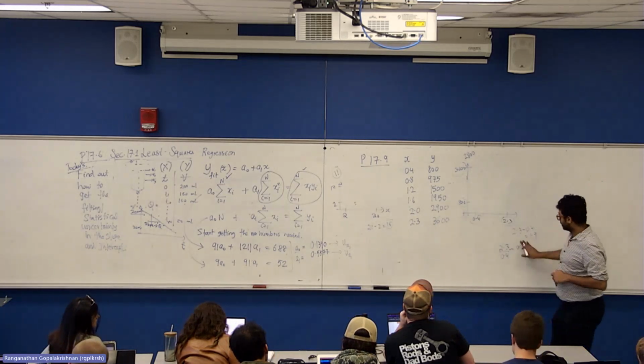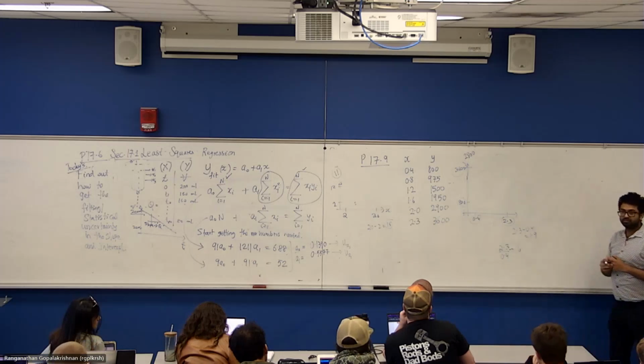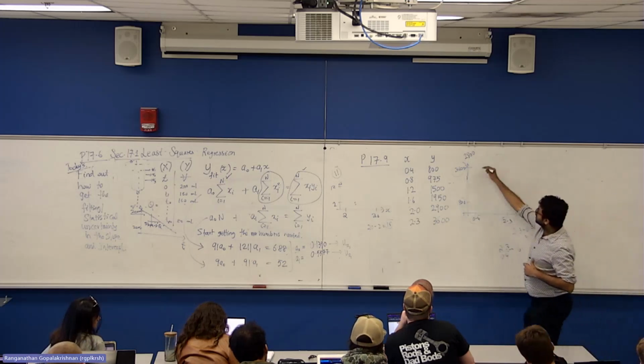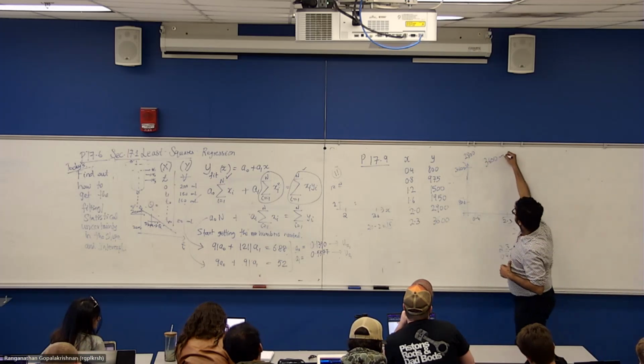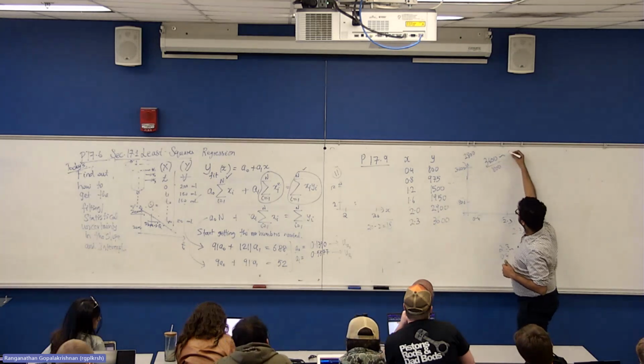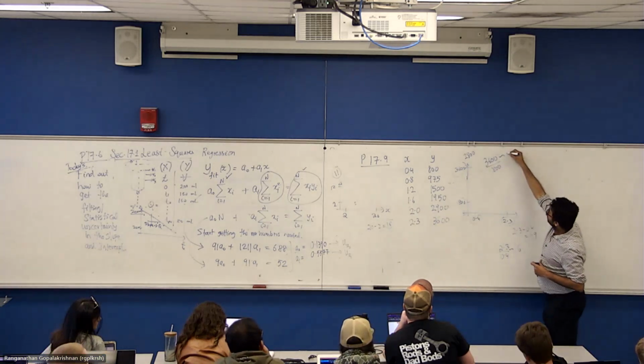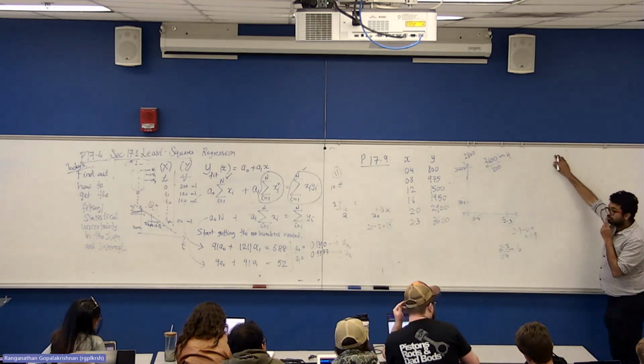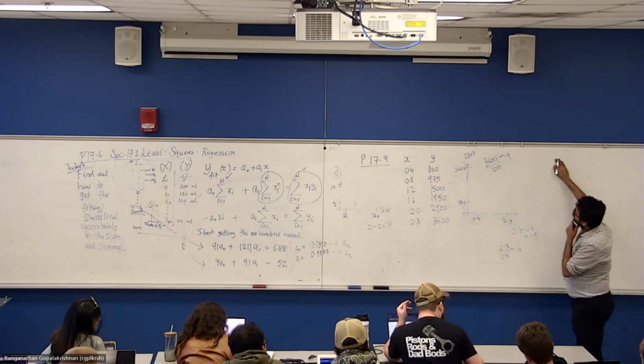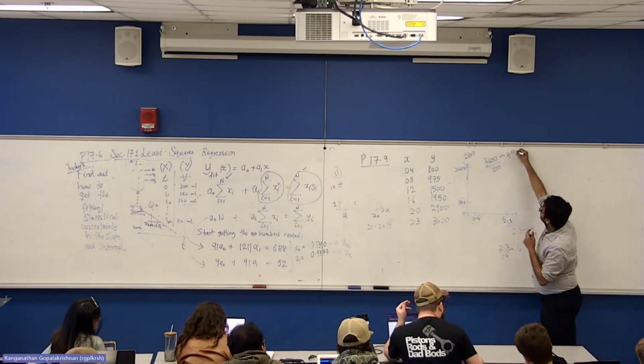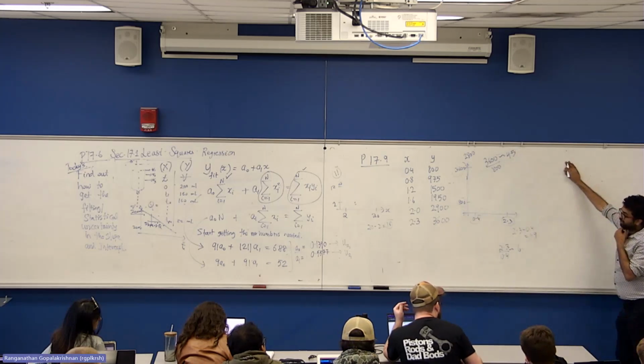And 3,600 divided by 800 is about 4.5 times bigger.